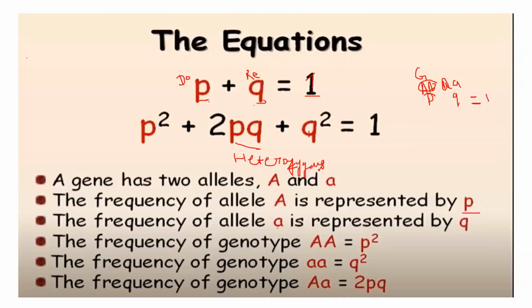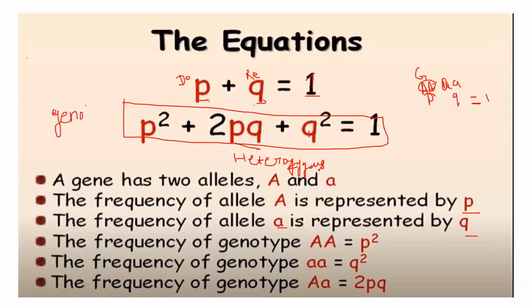The frequency of small a is represented by small q. Here we are considering the genotypic frequency, because here you are considering both the alleles.